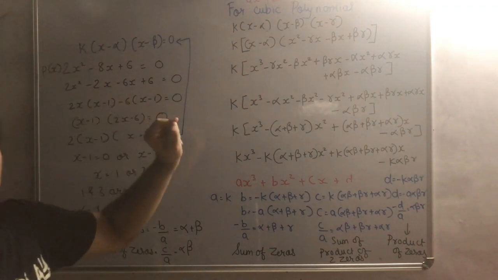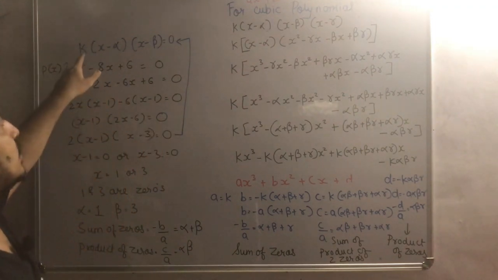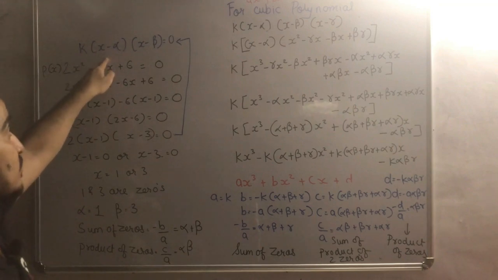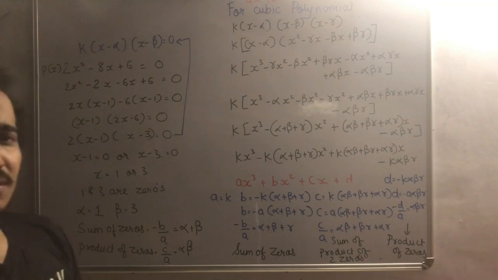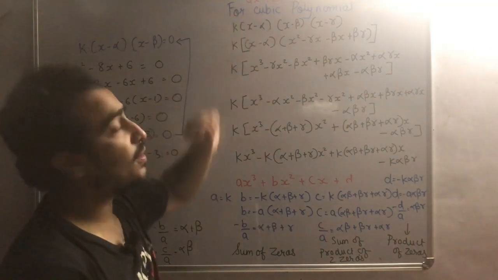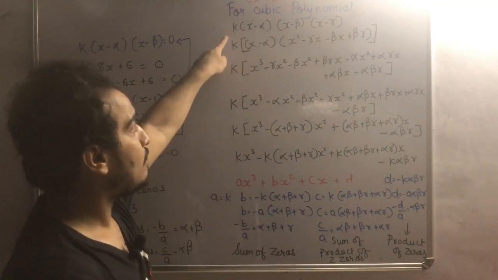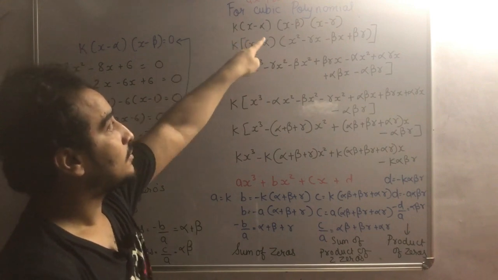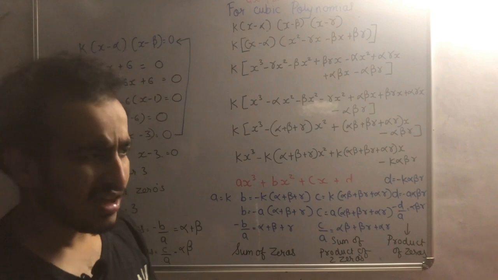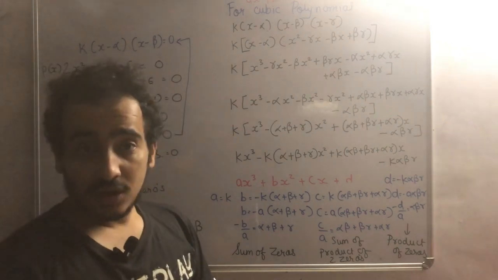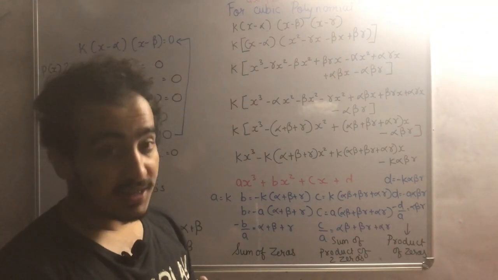So for the quadratic polynomial, the main formula is k into bracket x minus alpha into x minus beta equal to 0. The same thing we will see for the cubic polynomial: k into x minus alpha, x minus beta and x minus gamma. Here the new x minus gamma comes, because a cubic polynomial has 3 zeros.